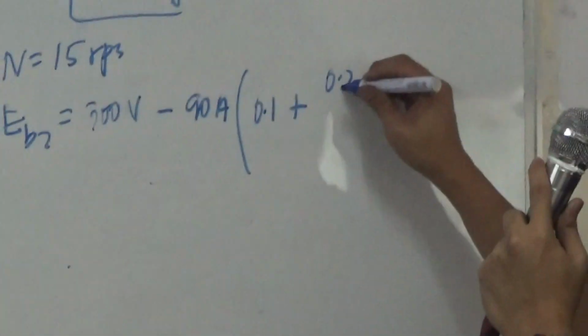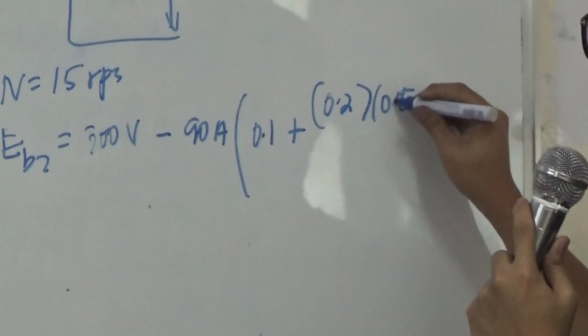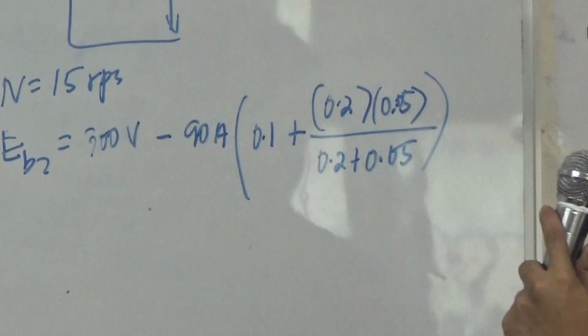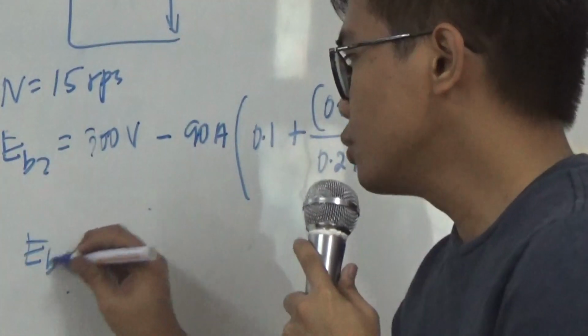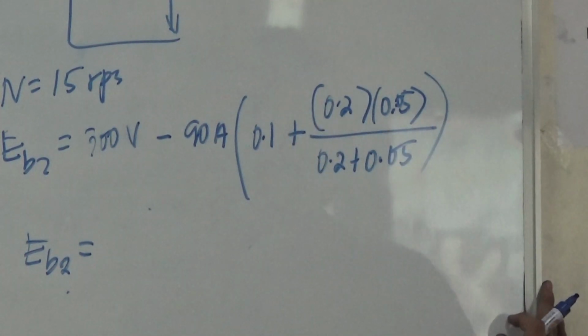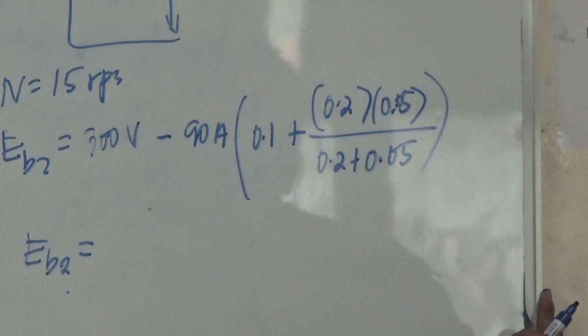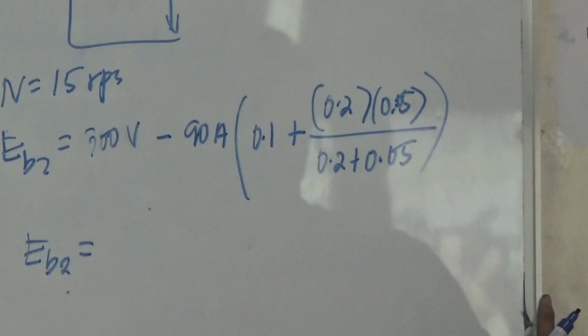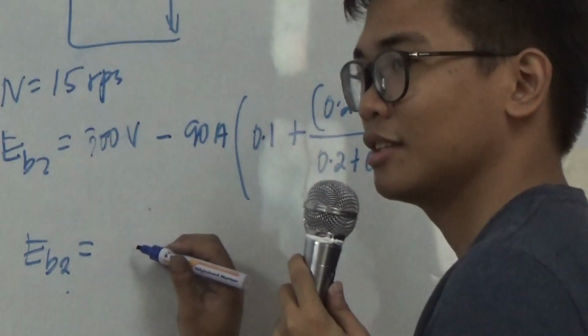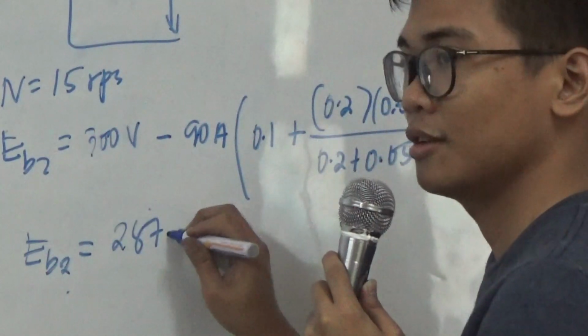Formula ng parallel, 0.2 multiplied by 0.05 divided by the sum, 0.2 plus 0.05. EB2 is equals to 287.4 volts. Okay.